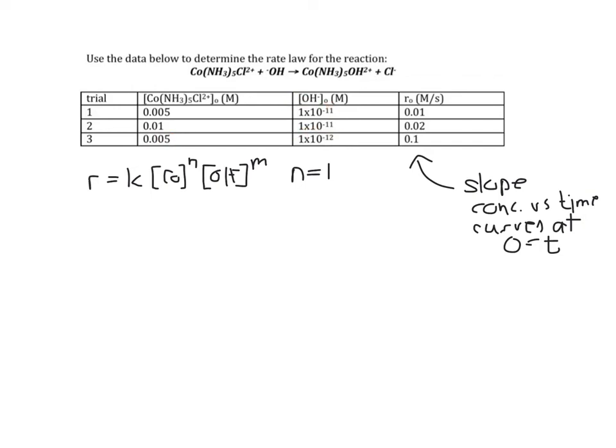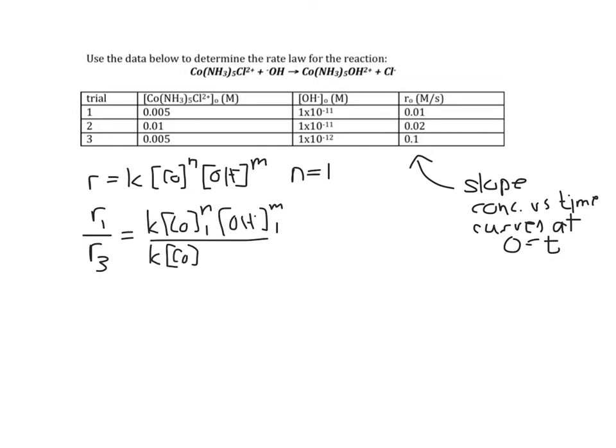And so I can think about doing the ratio between the rate for trial 1 and the rate for trial 3, which will be equal to the rate constant times the cobalt amine concentration used for trial 1 times the OH minus concentration used for trial 1 divided by the rate constant, which doesn't change, times the cobalt concentration used for trial 3 times the OH minus concentration raised to the m for trial 3.